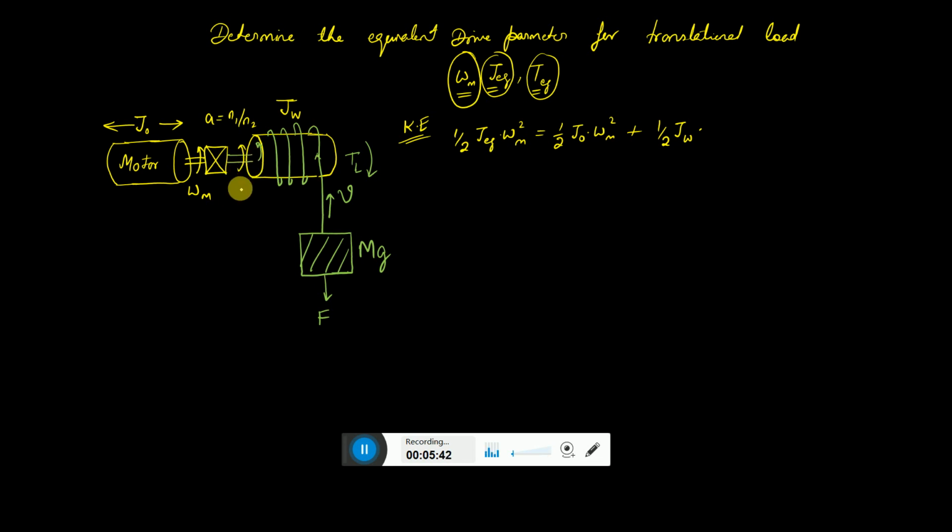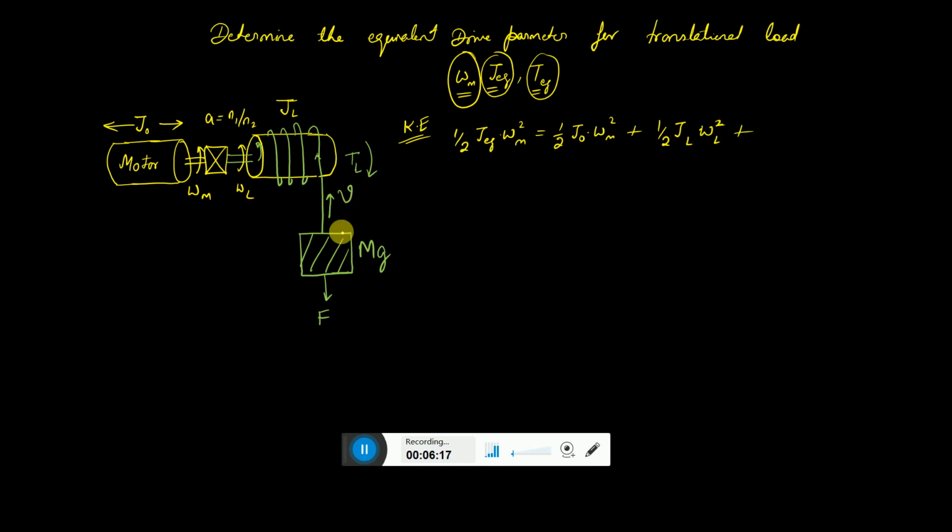Let us write half JL omega L square, where JL is the load inertia and omega L is the rotation of this load in radians per second.